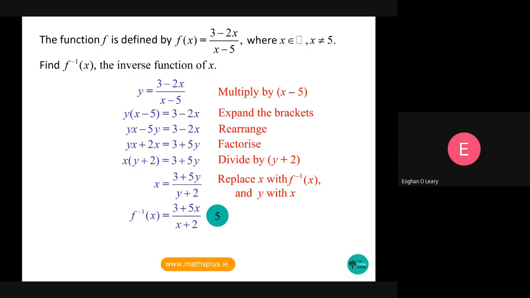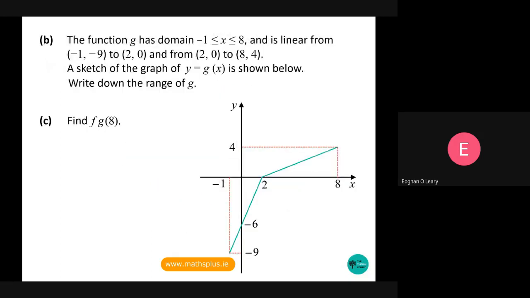Now, some of you wouldn't have been certain of how to do that question because maybe you haven't come across inverse functions yet, or you've seen it once and you just forgot about it. But again, you can have a look at part B, which gives us a different function, the function g. It has a domain of -1 less than or equal to x less than or equal to 8.